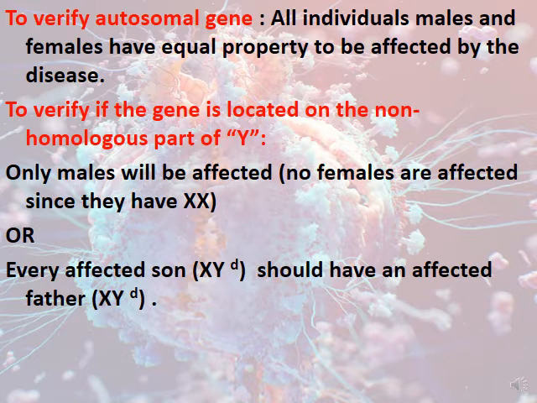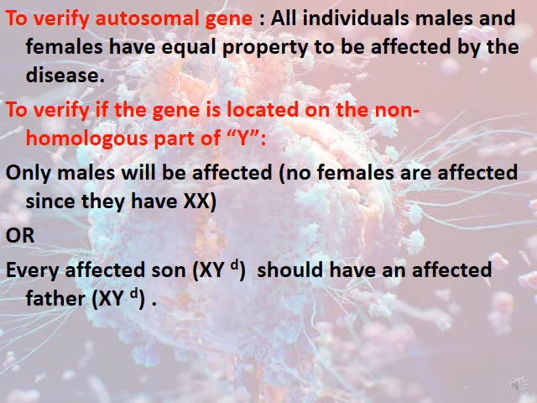To verify that the disease gene is found on the autosome, meaning that it's autosomal, all the males and the females should have equal probability of being affected by the disease. If the gene is located on the non-homologous part of Y, what does this mean?